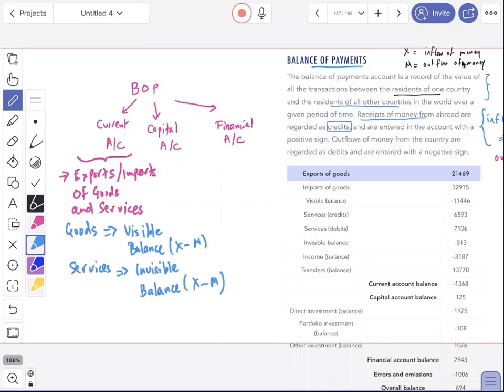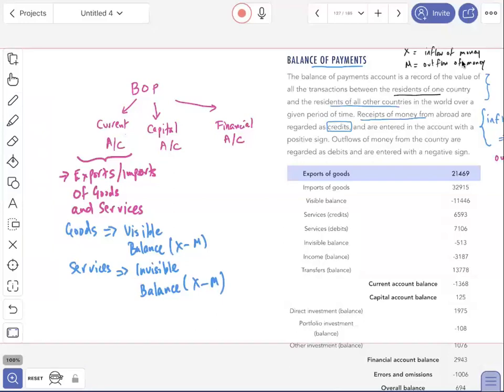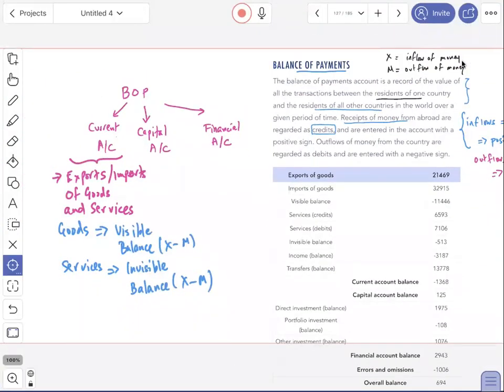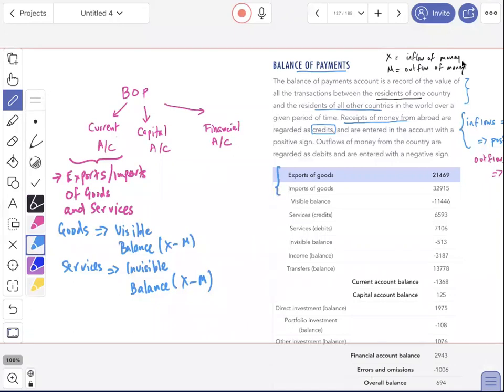So what we do is find out our X minus M. We look at our X minus M of goods and services. For example, look at this, guys. In my current account, the first thing is the current account balance. It would have X and M of goods, which is what we call visible balance. X is, for example, 21,469.